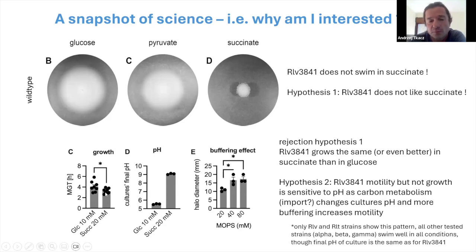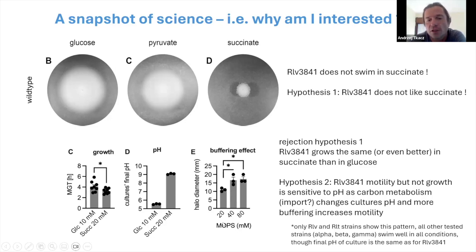It even prefers succinate. Basically, growth does not reflect the motility. However, when we look at the pH of the culture, what we see is that when it grows in glucose as a carbon source, it acidifies the media. When it grows in succinate, it alkalinizes the media. Okay, very clear, quick experiment.